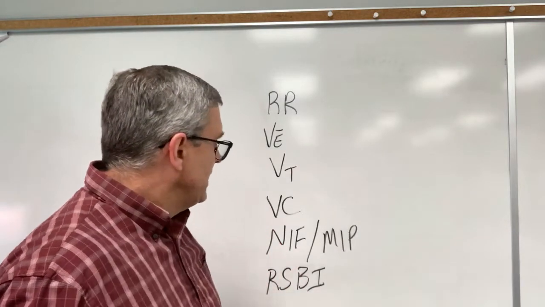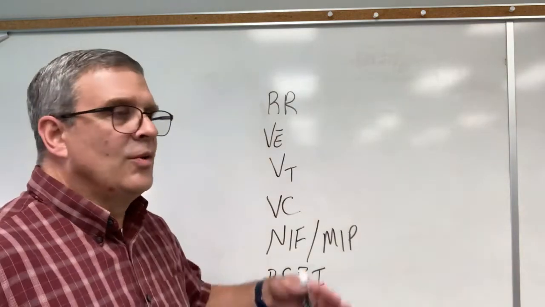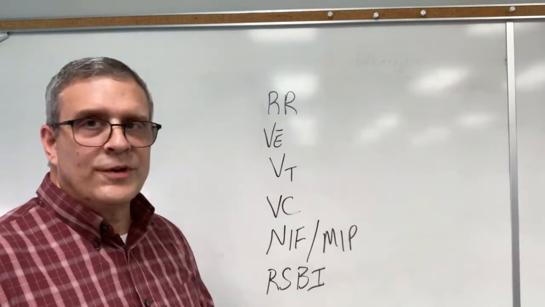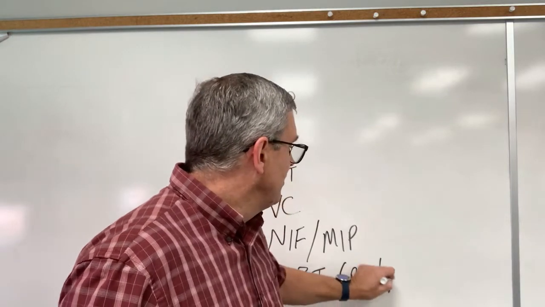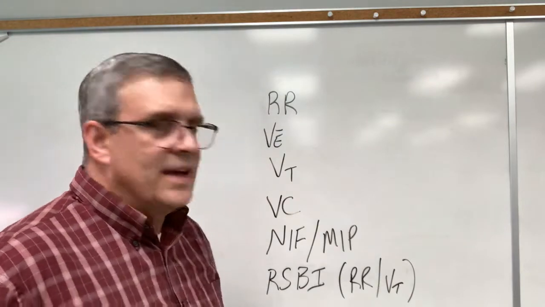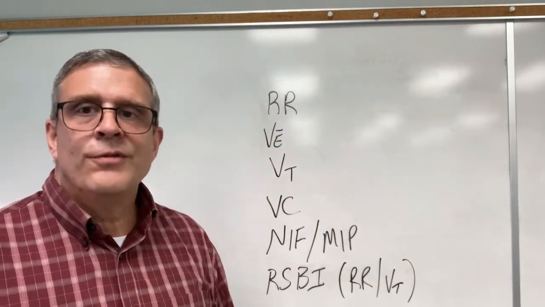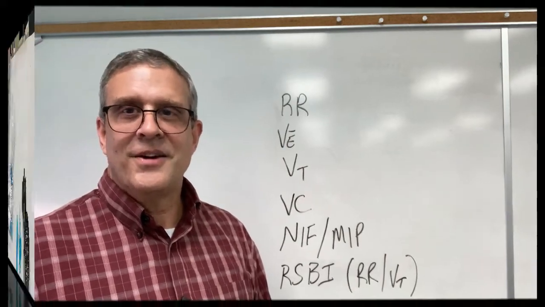And then an RSBI, which is rapid shallow breathing index. You can remember that by rapid is rate, shallow refers to volume. So that formula is respiratory rate divided by tidal volume in liters. So you want that to be less than generally 105. All right, let's go over to the lab and show you how it's done.